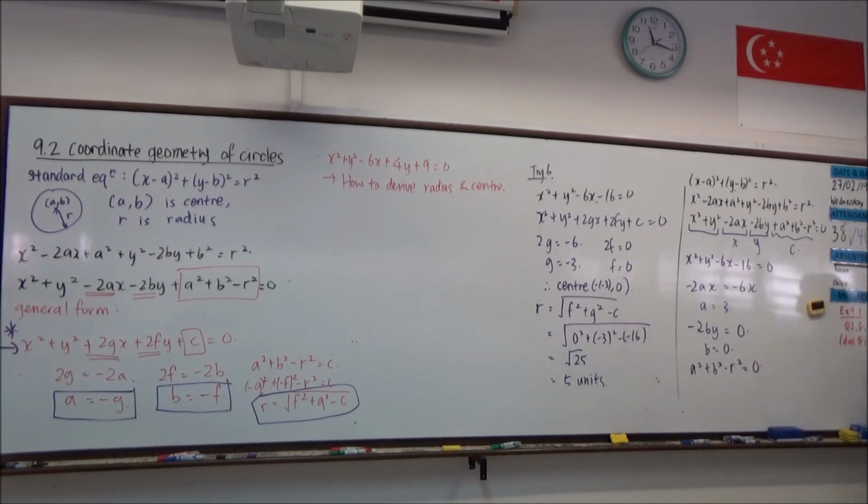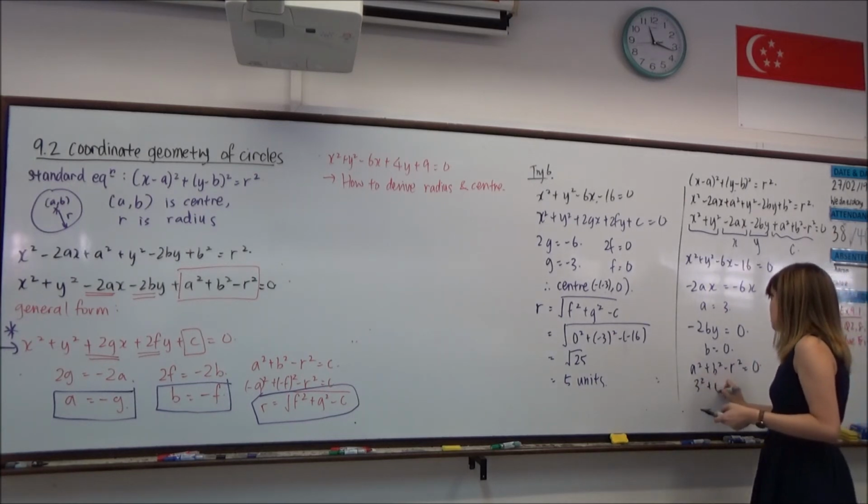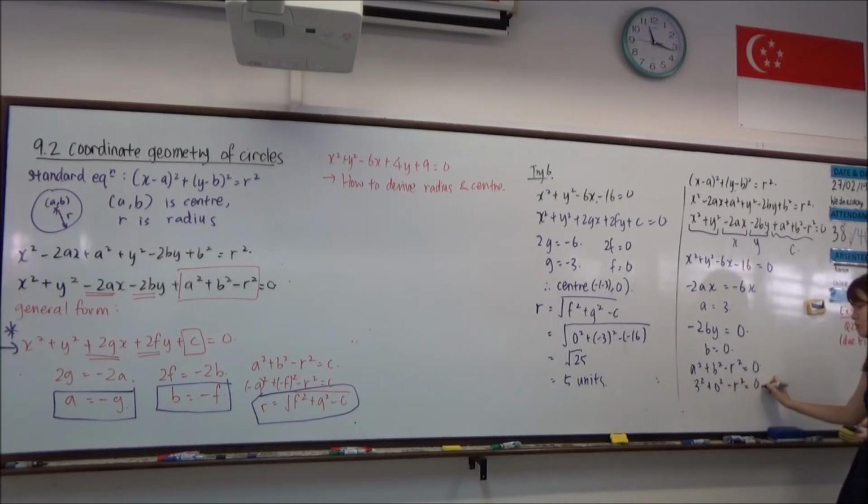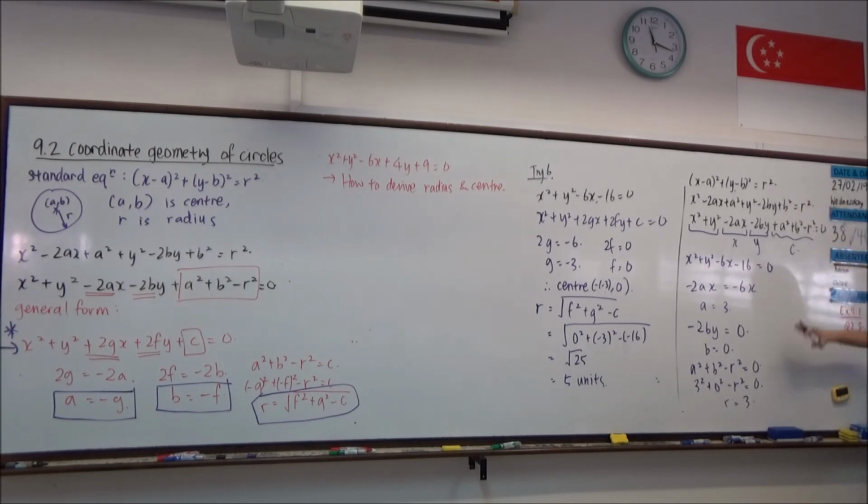Then for us to find out what is the radius, we got the a and b already. So 3 squared plus 0 squared minus r squared equals to 0. r squared is equals to 3 squared, so r is equals to 3. So therefore, by going through this whole process, we can find that the center will be 3, 0, and then the radius will be 3.